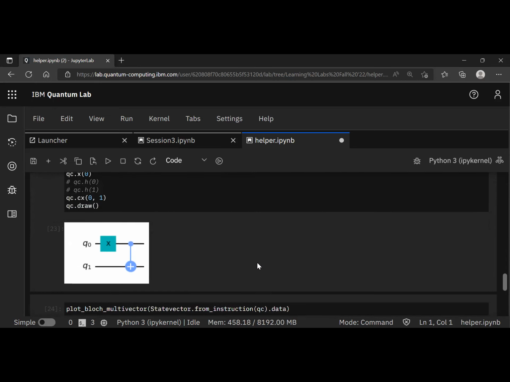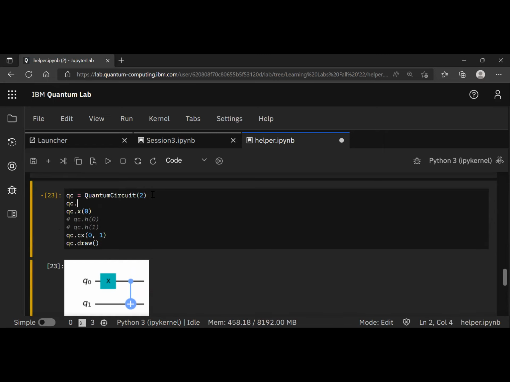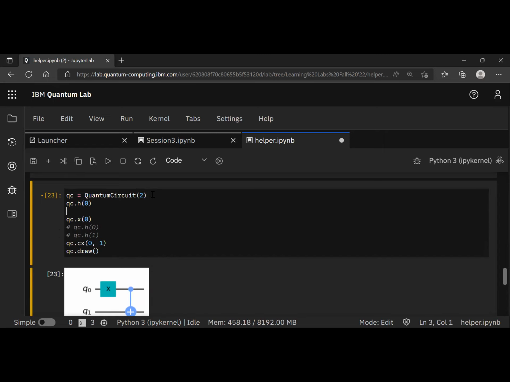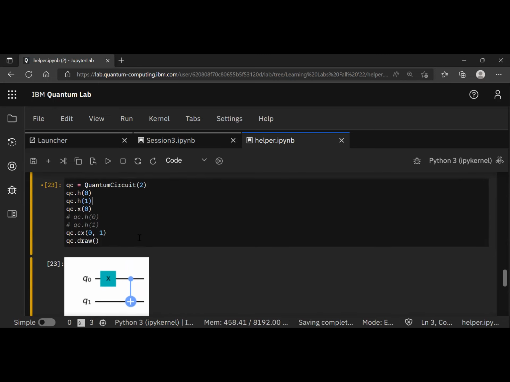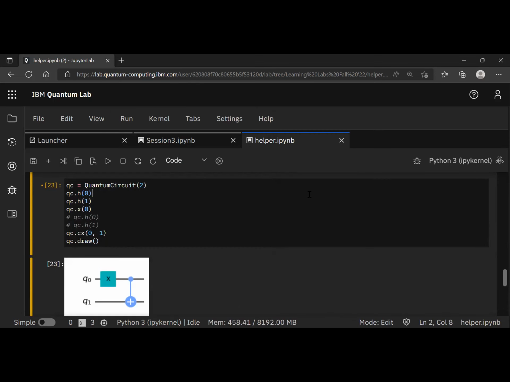Okay, so now this is just to drop that idea of there being a control and target. That is only for classical numbers, because let's say we applied a Hadamard gate to the 0th qubit and a Hadamard gate to the 1 qubit. Okay, so far we've gone over what Hadamard gates do, right? And we don't set anything to the 1 state right now.